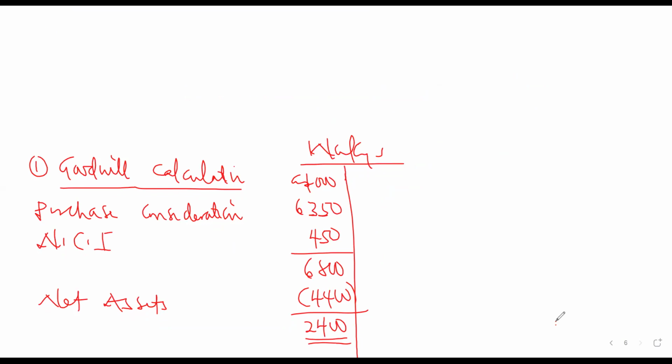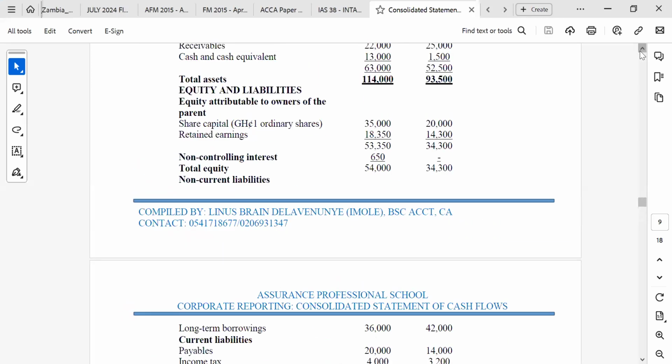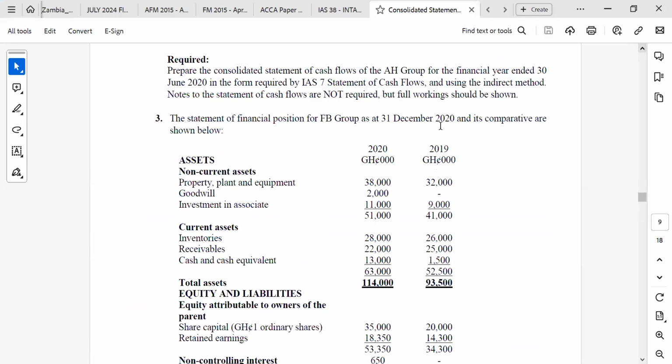This acquisition has been done during the year, so it will be under 2020. So this transaction happened during 2020. What was our goodwill figure in 2019? In 2019, there's none. There's no goodwill.